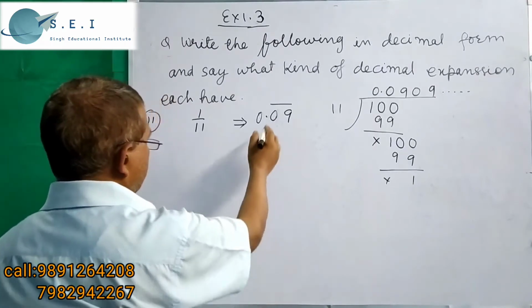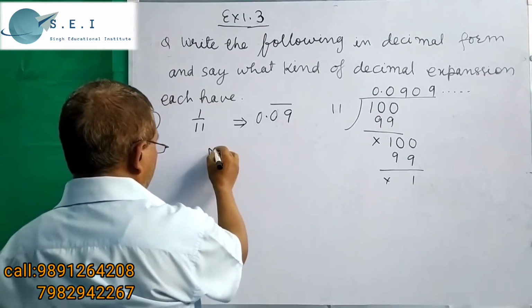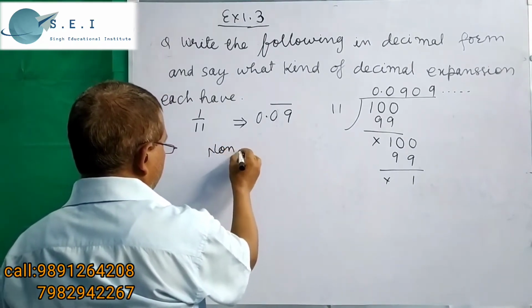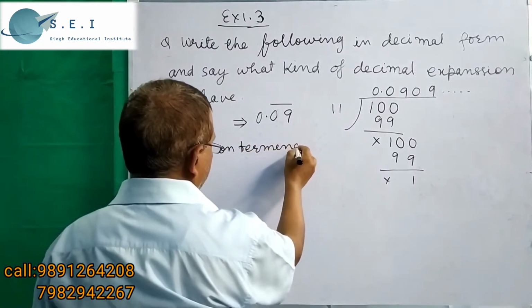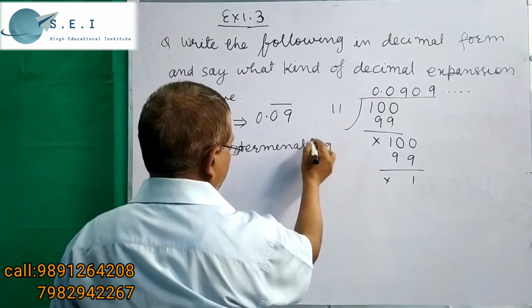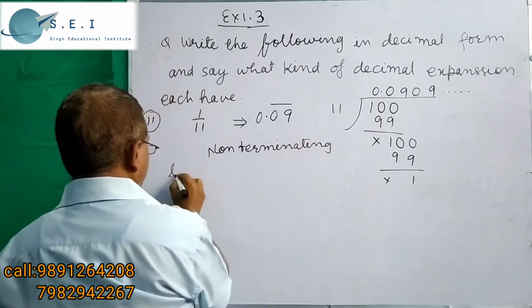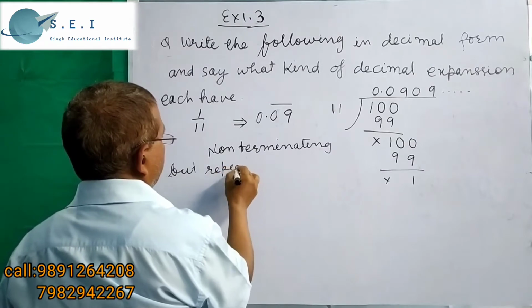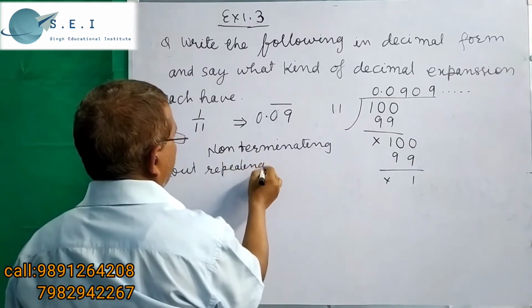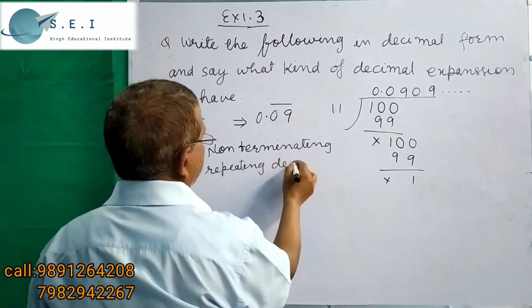And this expansion is called non-terminating but repeating decimal expansion.